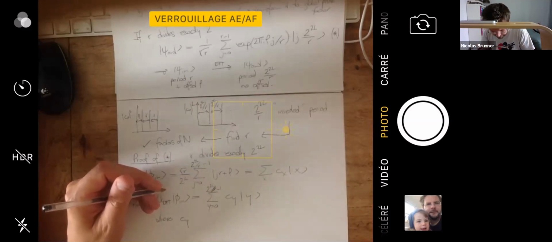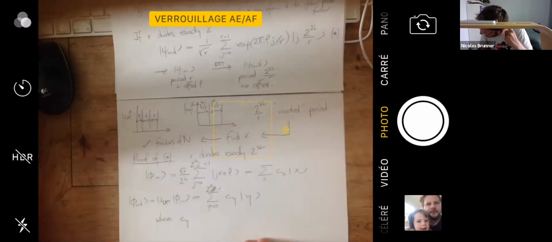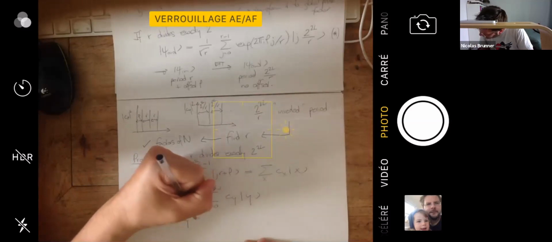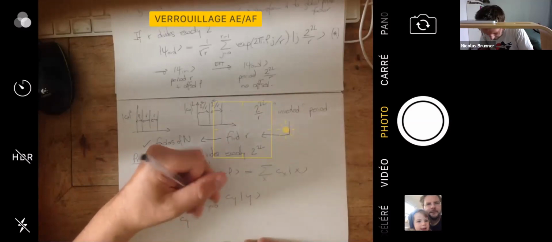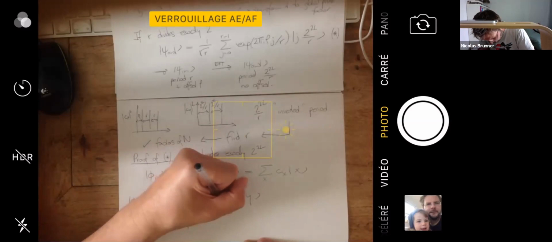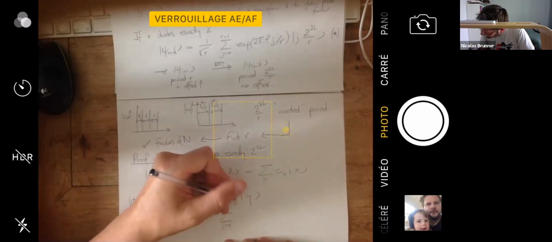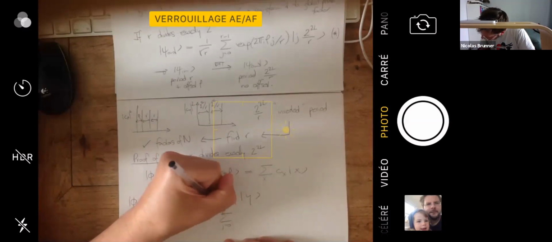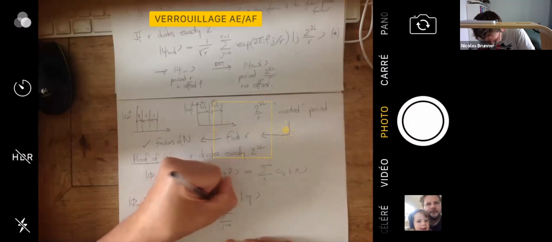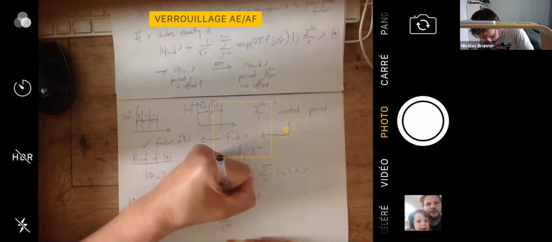So this we will work out in detail. We still have our sum here, so here we have 2 to the 2L over R minus 1.